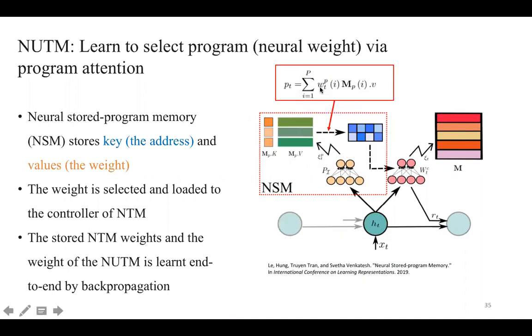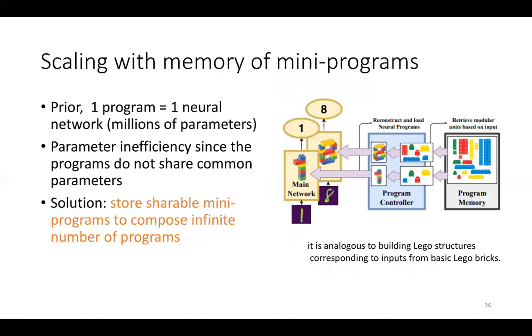And the key is the program attention, which is very similar to the normal attention. It's just performed on the program or the weight space, not on the activation space. Another idea related to the program memory is how we can break a program into mini programs. In prior work, one program equals one neural network with millions of parameters, which can be very hard to scale if you want to store hundreds or thousands of programs, right?